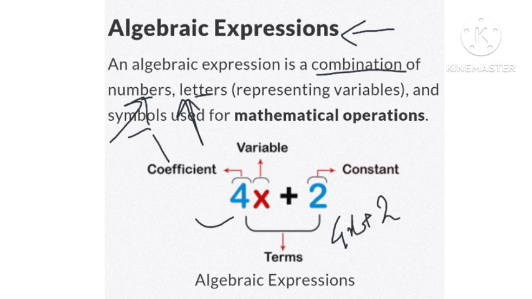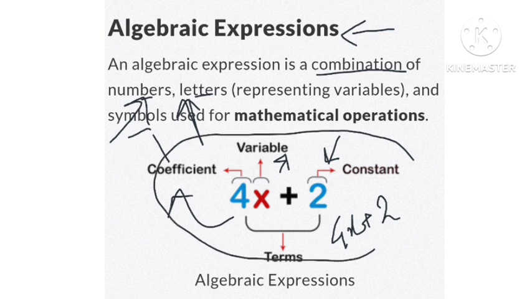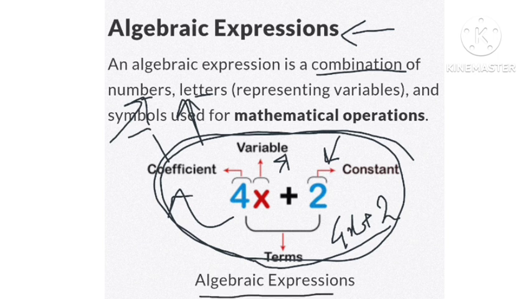So 4 is known as the coefficient, x is known as a variable and 2 is known as a constant, and the whole is known as a term, and this is known as the algebraic expression.